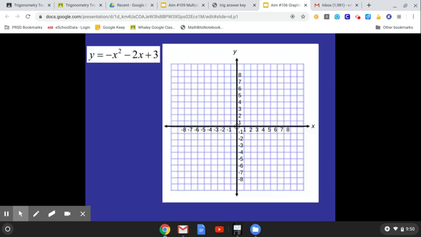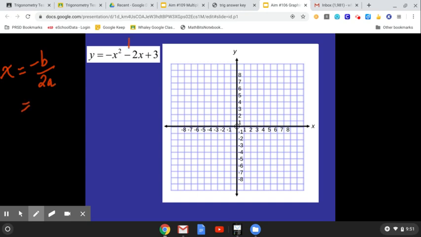Okay, so here is the equation or the quadratic function that we're going to graph here. I have my graph paper handy. I have a table that I'm going to create in just a second, but the first thing I need to do is the axis of symmetry. That way, we can know what point belongs in the middle of the table. So the axis of symmetry is negative b over 2a.